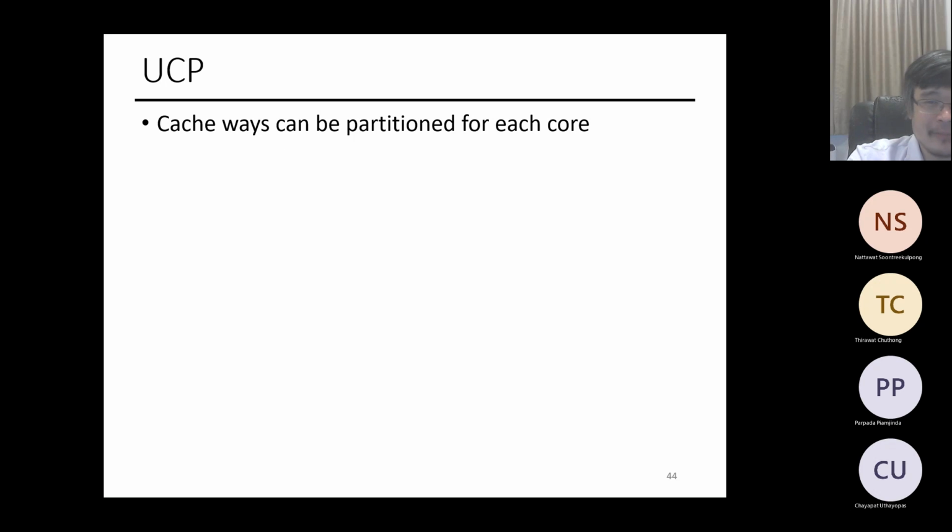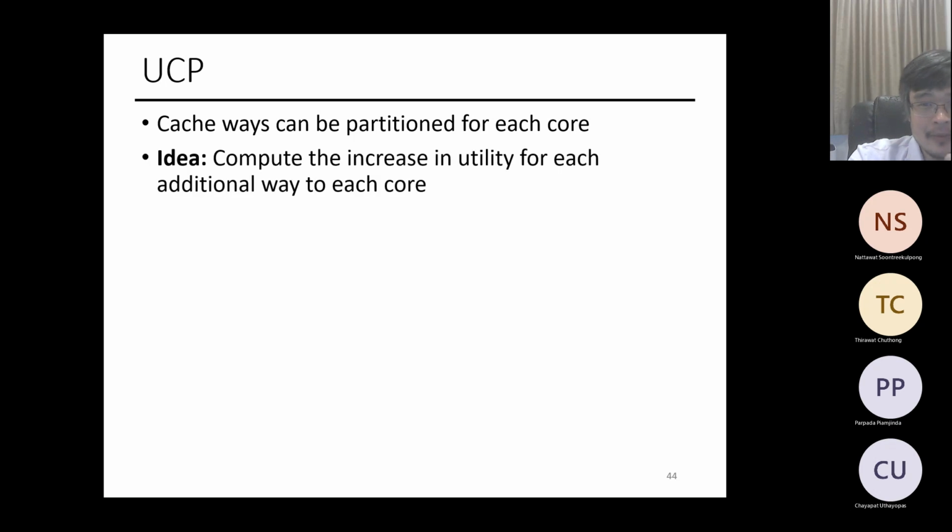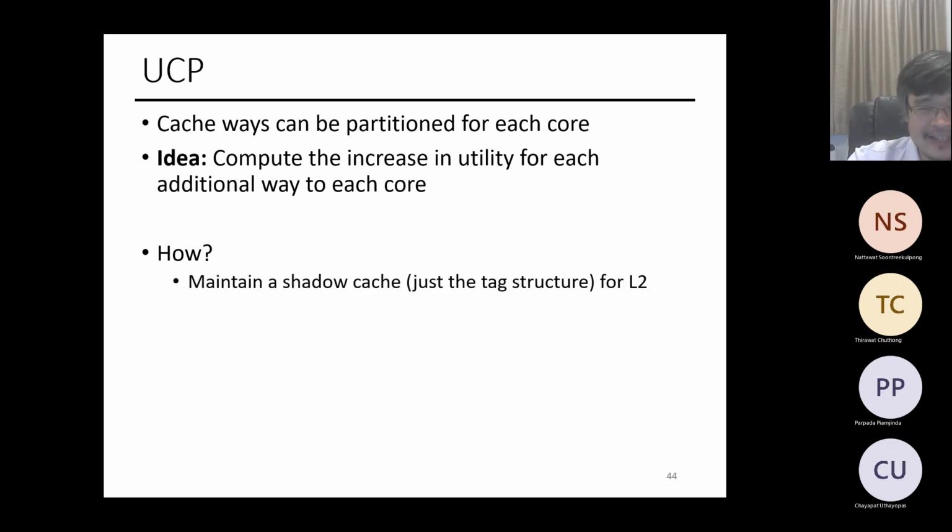You also can partition the ways, as I mentioned, right? So, for example, you can try to compute the utility of each additional cache associativity given to the application, right? To do that, it means that you have to have a way to track how much utility I got, right? So this paper proposed a structure called a shadow cache, which is a tag structure.